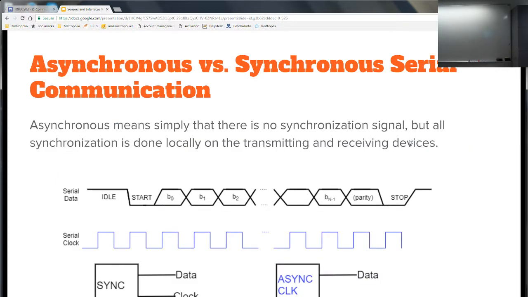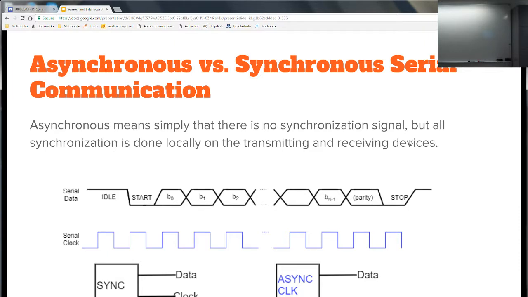All right, so a couple of things here. Two different types of serial communication lines are used. One is asynchronous, and then there's also the synchronous serial communication.